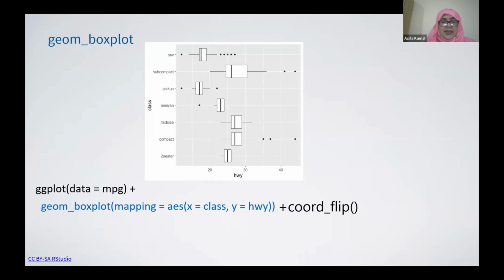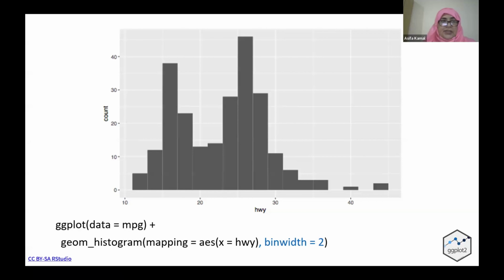Here, geom_histogram is used, and have you observed the difference, that while mapping aesthetics, nothing is mentioned on the y-axis? We have previously observed that we mentioned two variables, one on the x-axis and one on the y-axis, while making the scatter plot.